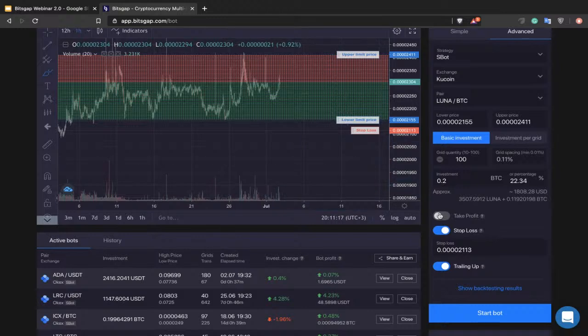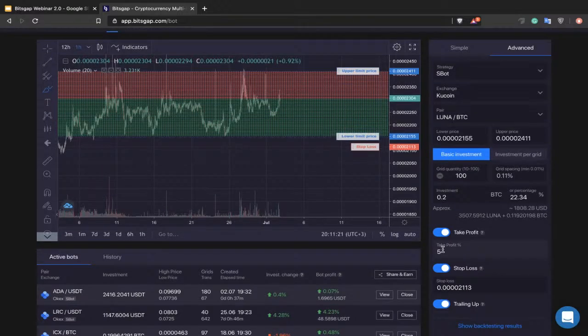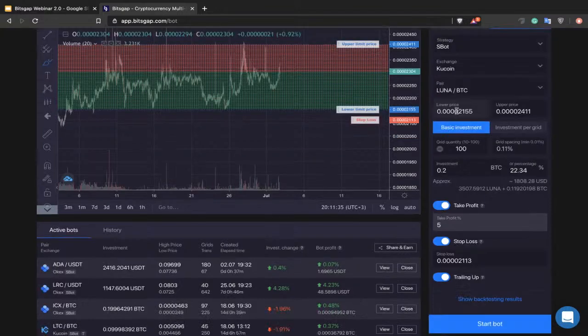And another feature that we have is a take profit. With the take profit, I can now set the investment return I am willing to achieve for this given strategy. Let's say for my Luna trading to BTC, I want to achieve 5% in the investment change.